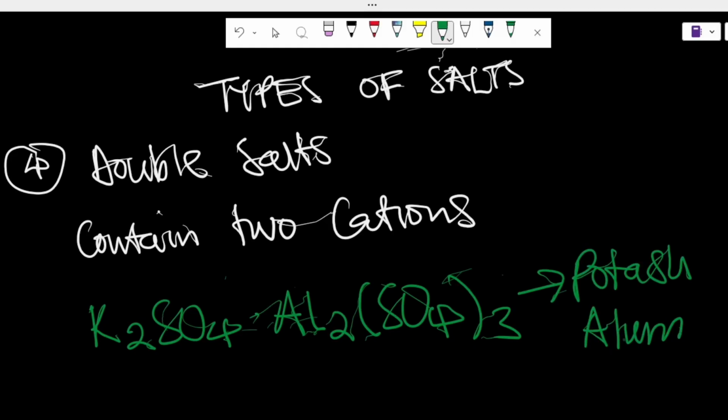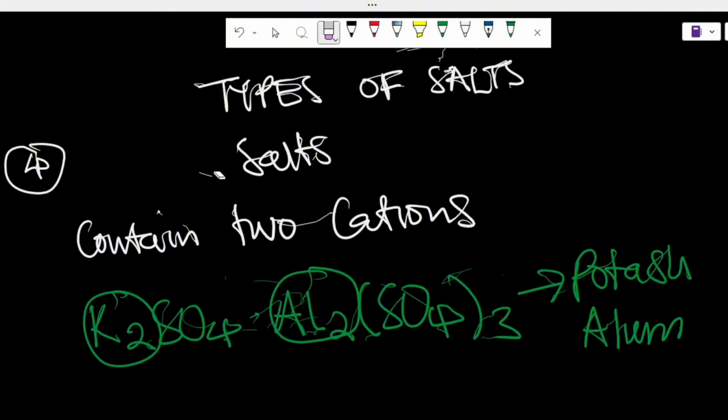This is just an example of a salt that contains two cations at the same time. And the reason is because you have two metals here which are good producers of actually the same cations. So you just have to get the concept of what double salts are and you are good to go.